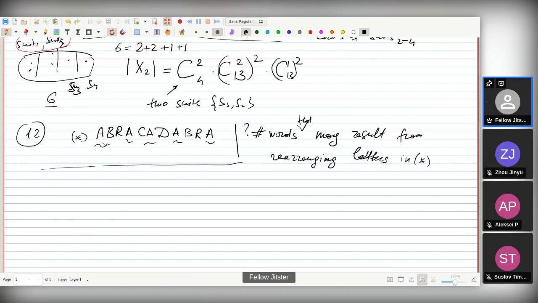We need a model. What do you think? How many words can we obtain? How many ways in general do we have to rearrange letters? N factorial. What is n? Number of letters. Unique letters.